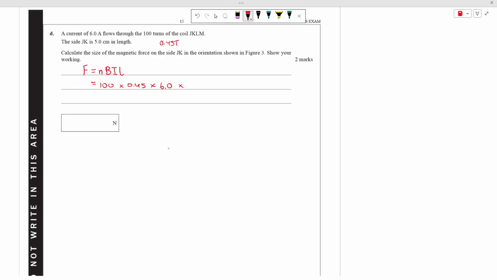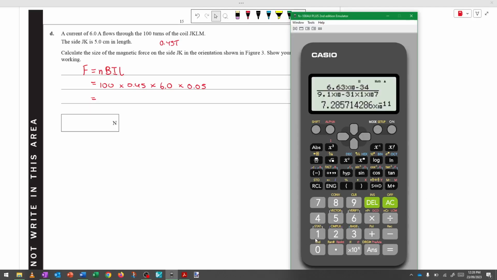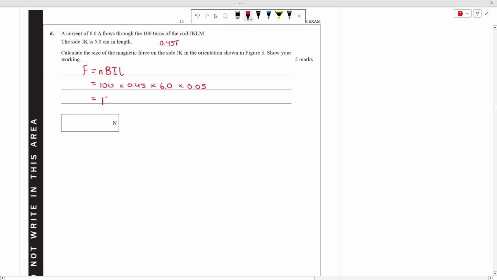So that's true here. So that's 0.05 meters. Calculate a time. We've got 100 times 0.45 times 6 times 0.05. 13.5. There we go. Done.